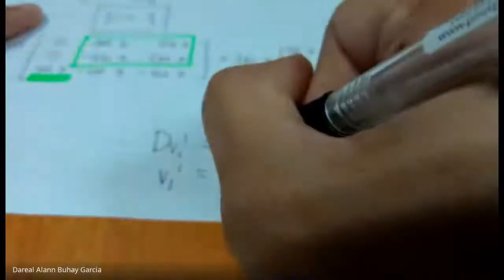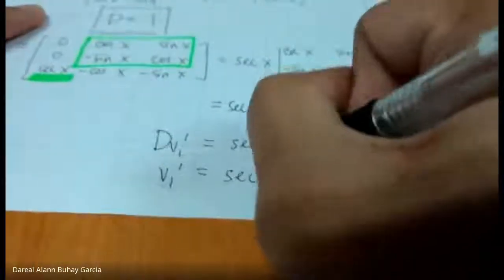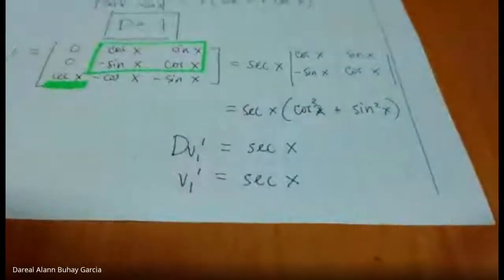So minus negative is positive sine squared x, which is 1, meaning the determinant of v1 prime is sec x. And because the determinant of the coefficients is 1, we could conclude that v1 prime is secant x. Okay?